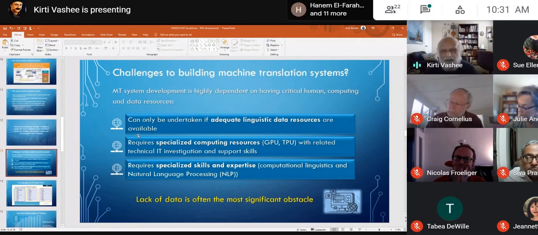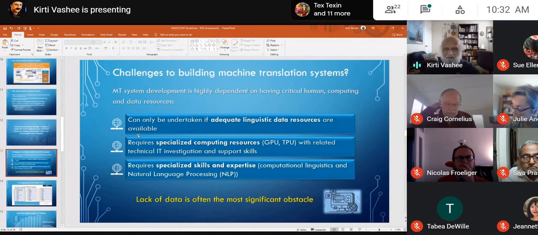These are just specialized, more expensive computers. And you need people who understand the science of machine translation, and these are people with computational linguistics backgrounds or what is called natural language processing backgrounds. So if you look at people who work in artificial intelligence and machine learning, most of them have backgrounds in computational linguistics or natural language processing.